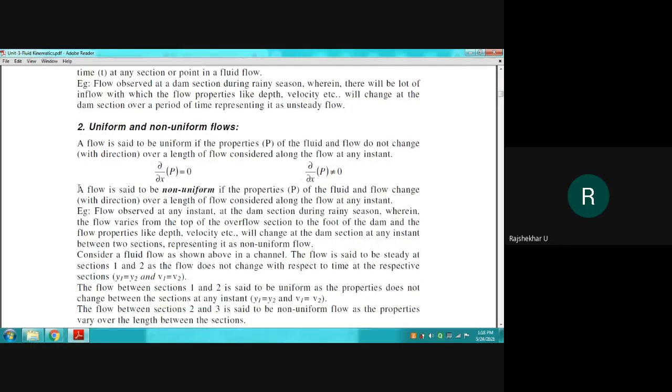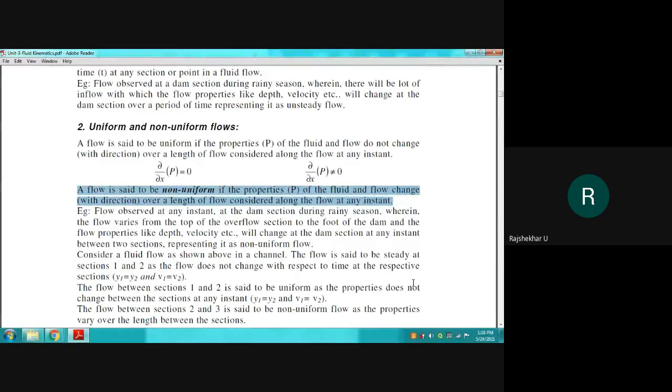Here, a flow is said to be non-uniform if the properties P of the fluid and flow change with direction. Again, it is over a particular length of flow considered along the flow at any instant. So in uniform and non-uniform flow, we are talking about direction.